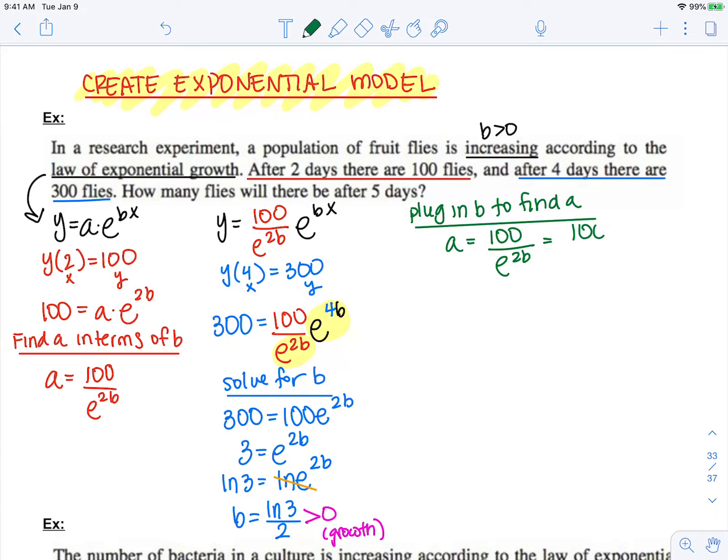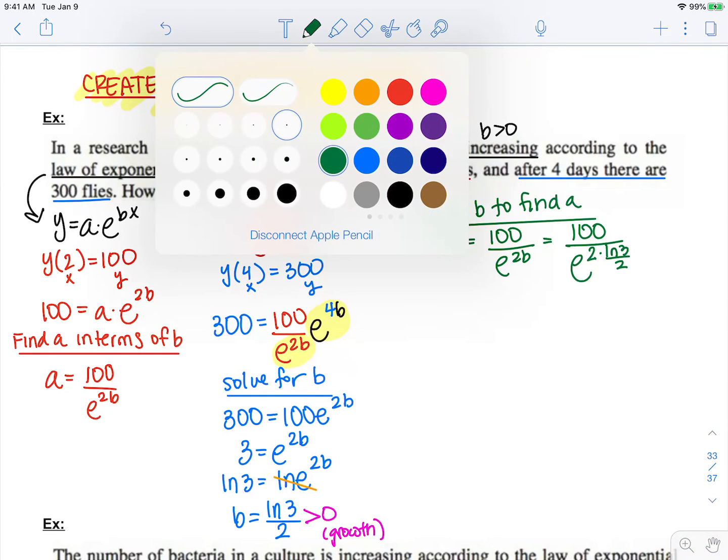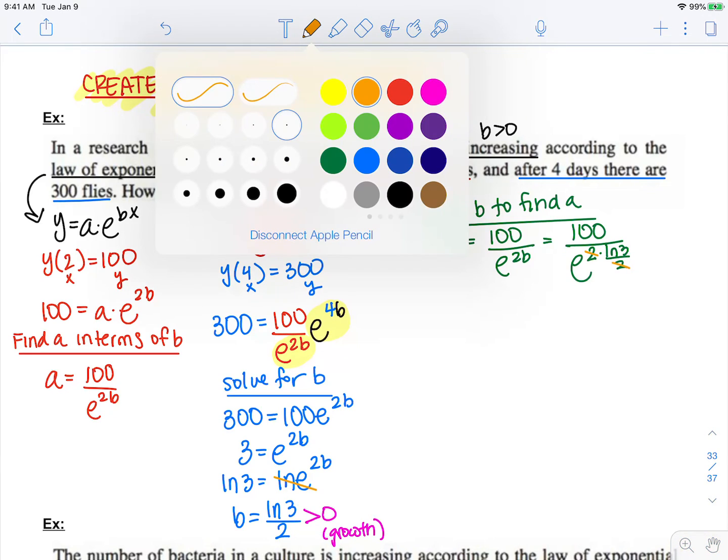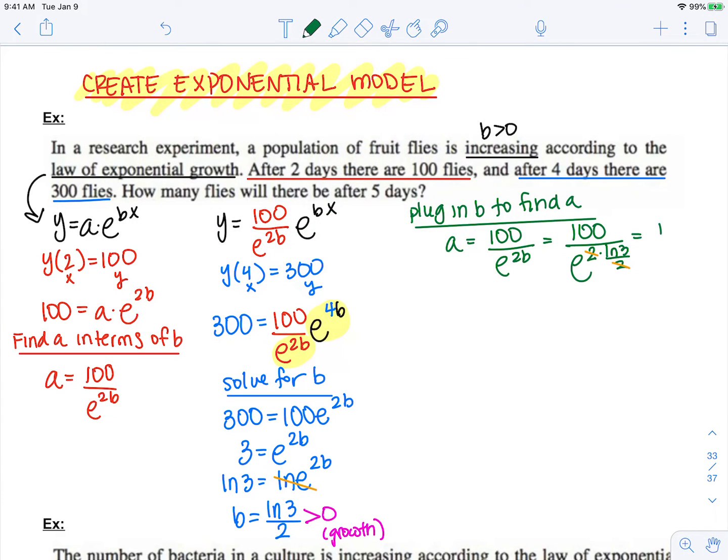So this is 100 over e to the 2 times ln of 3 over 2. Now, these 2's cancel out. So I have 100 over e to the ln of 3. And then we see e to the ln cancels. So now we know a equals 100 over 3.